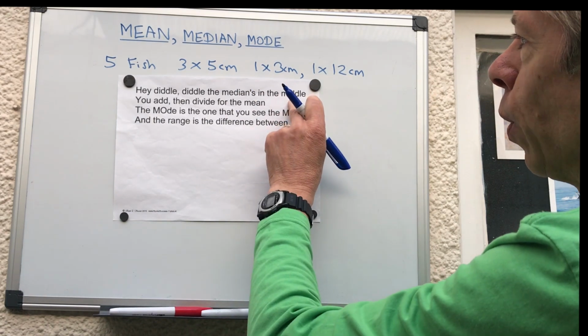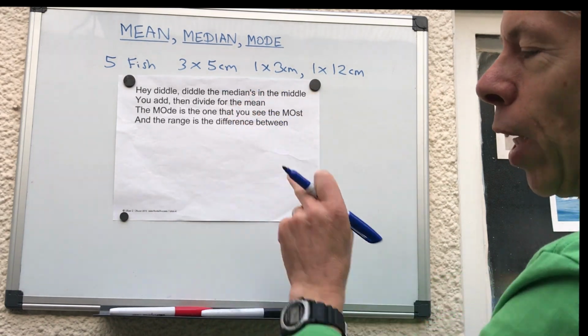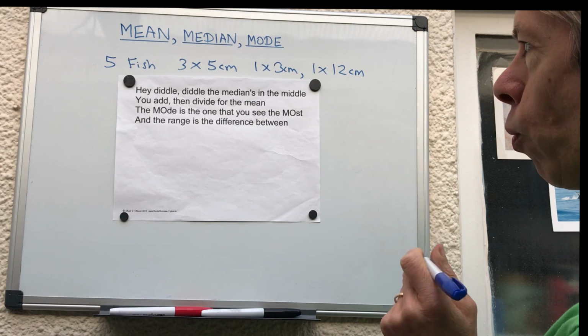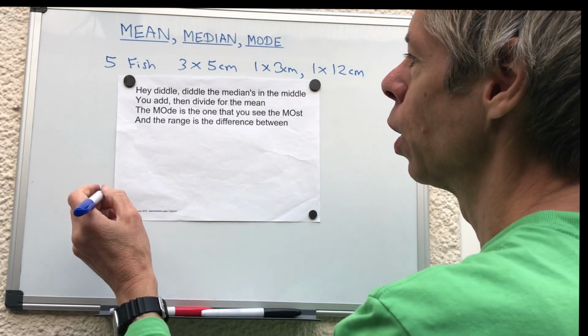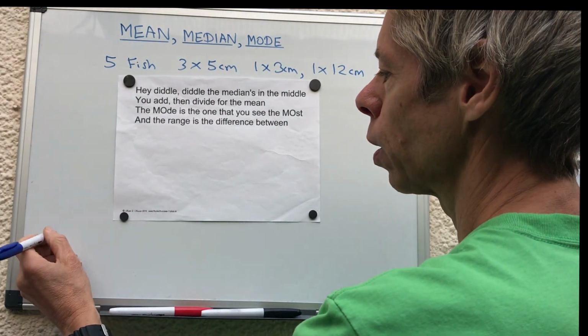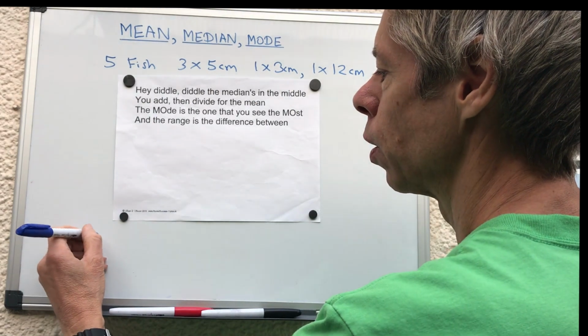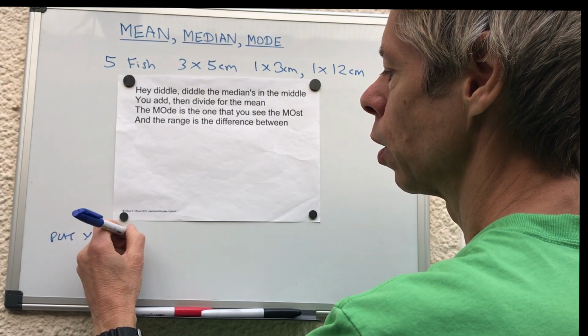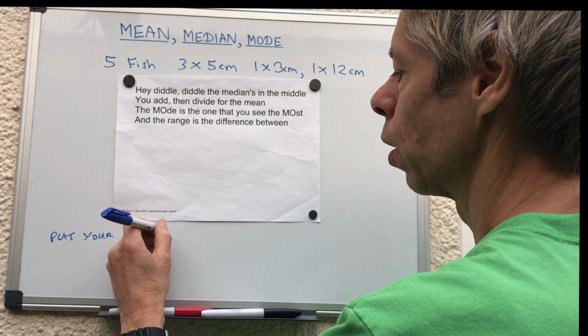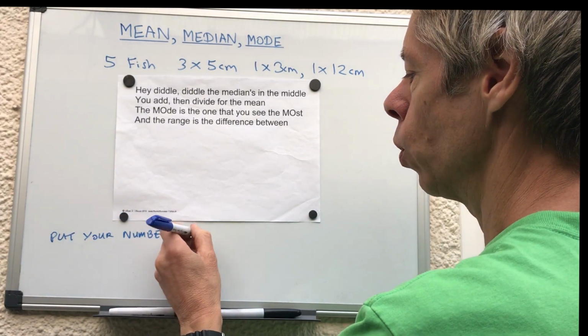The median's in the middle. What does that mean? That means the middle of the set of numbers. Now it's really, really important to put your numbers in order.